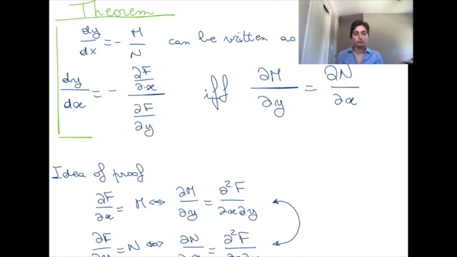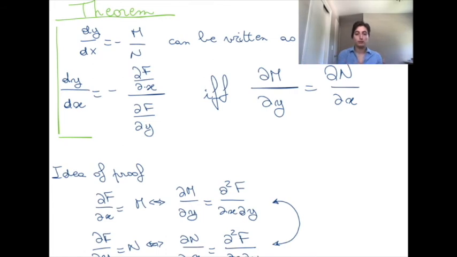The idea of the proof is that if the partial derivative of f with respect to x is equal to m, then the partial derivative of m with respect to y is equal to the second partial derivative of f with respect to x and y.